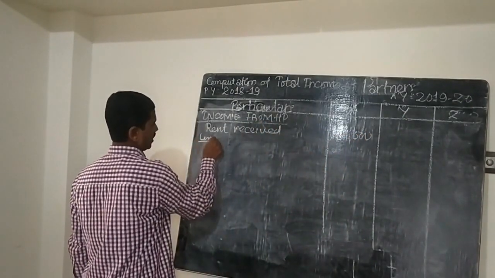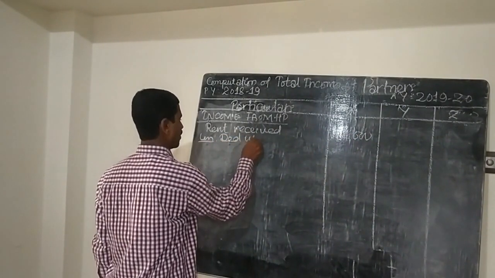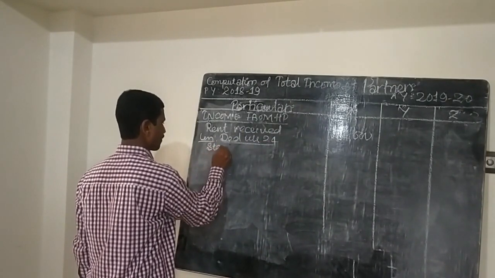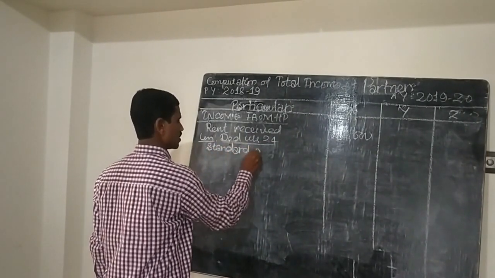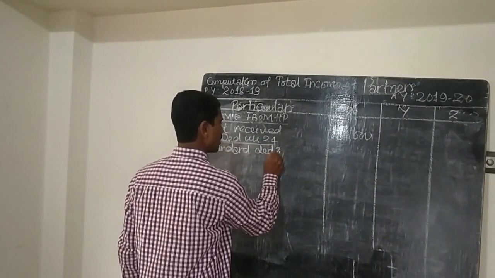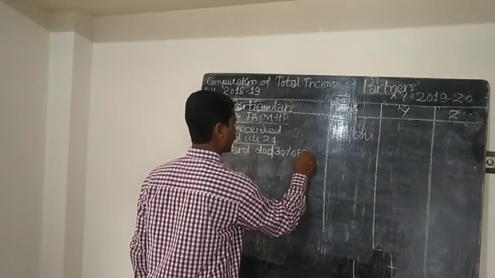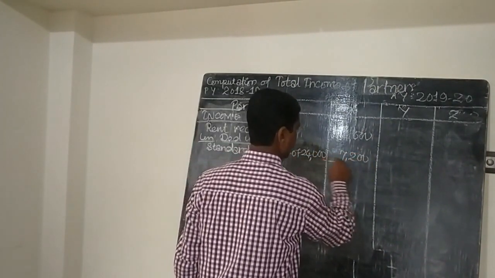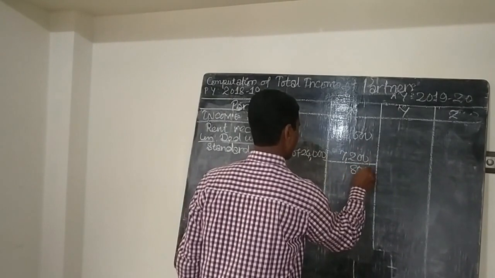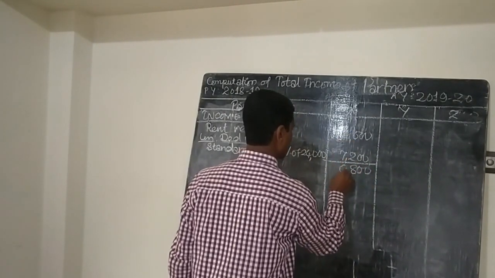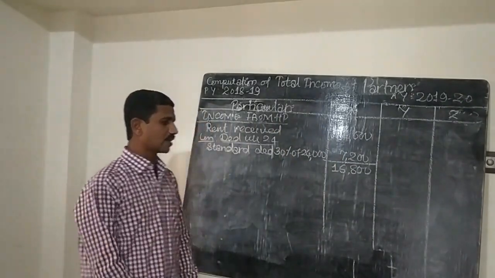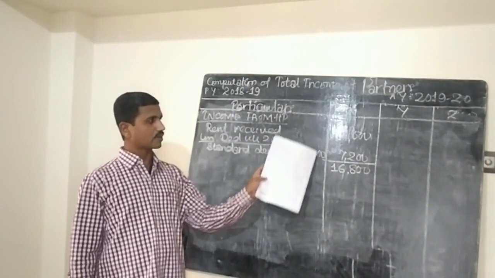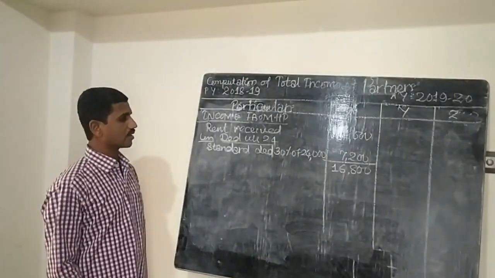Less deduction under section 24, that is standard deduction at the rate of 30% of 24,000, which comes to 7,200. So 24,000 minus 7,200 gives 16,800, the income from house property of the partner X here.